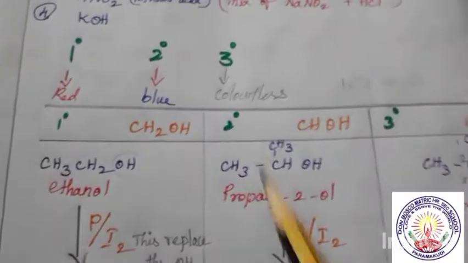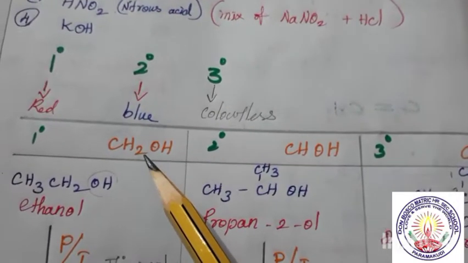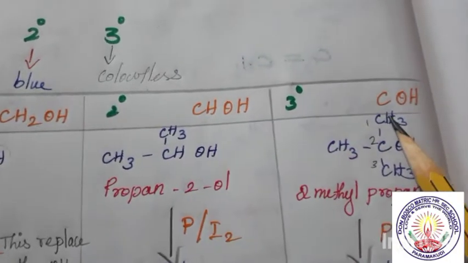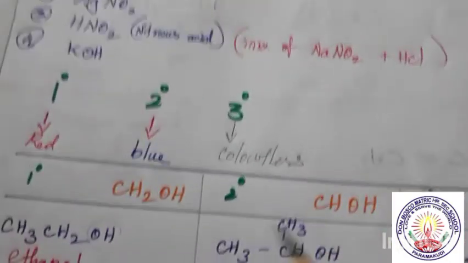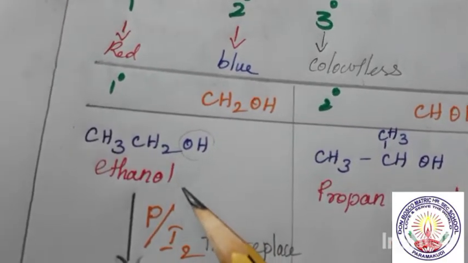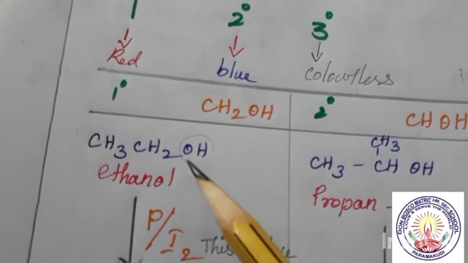Now we shall see primary alcohol, that is CH2OH, the secondary is CHOH, the tertiary is COH. We shall take some examples. First we take ethanol, that is CH3CH2OH.